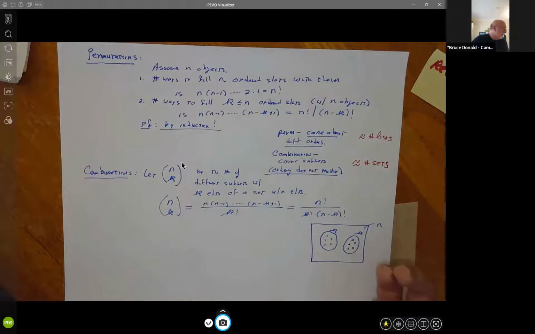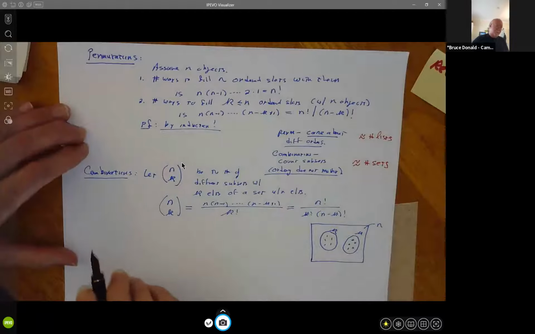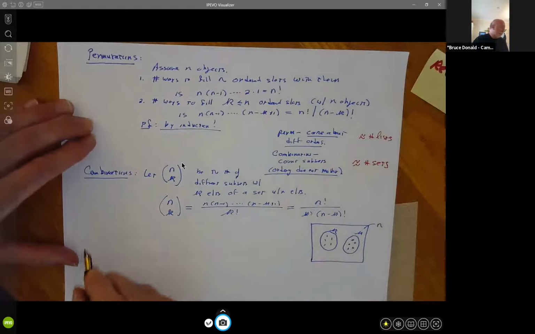Why should this equation be true? Well, first we choose a subset. That's the subset here. And then we order its elements in a row to fill k ordered slots with the elements from the set of different objects, right? Then distinct choices of a subset and an ordering thereof will end up as distinct orderings. So therefore we can derive this formula as follows.